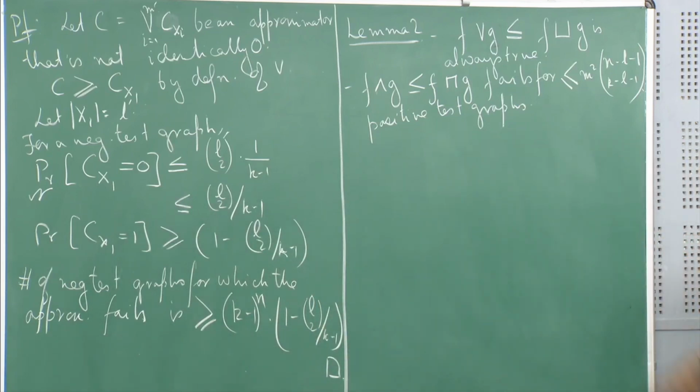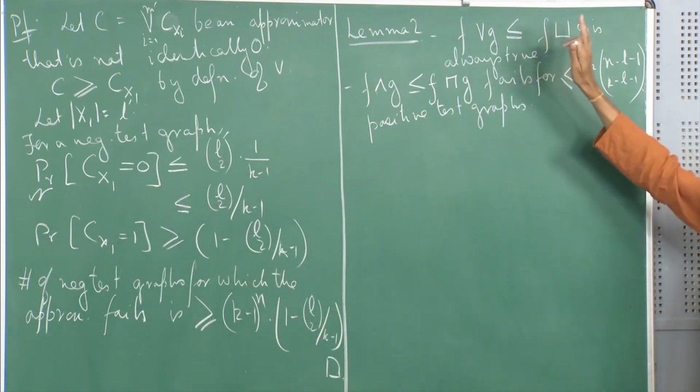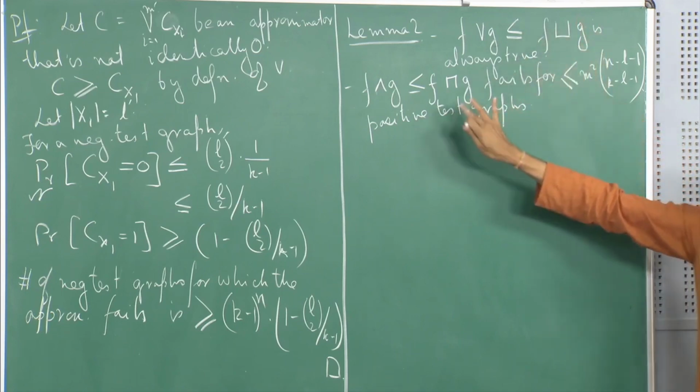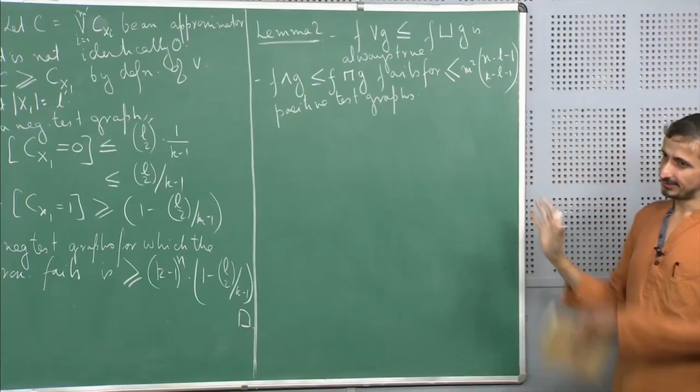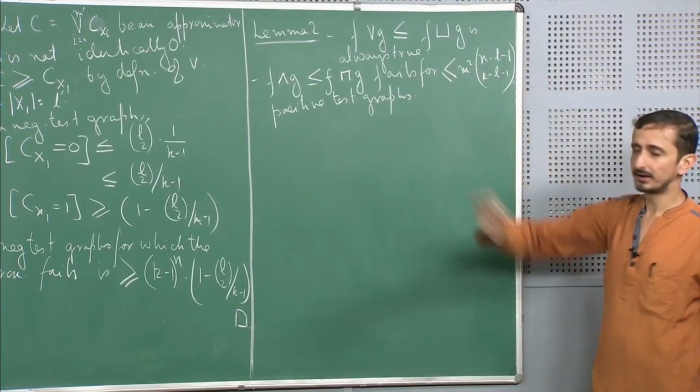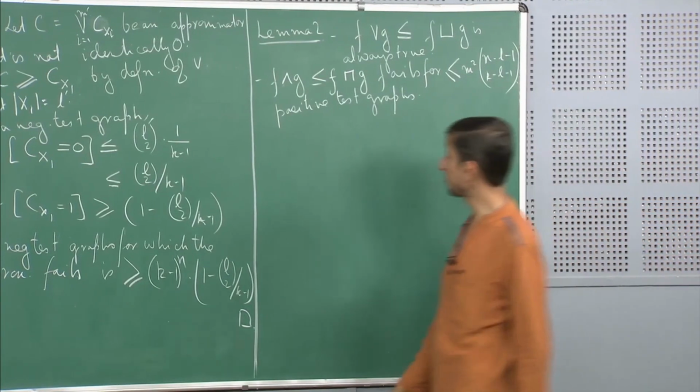So what we are saying is that this inequality is always true, but this other inequality will fail for a bounded number of positive test graphs.